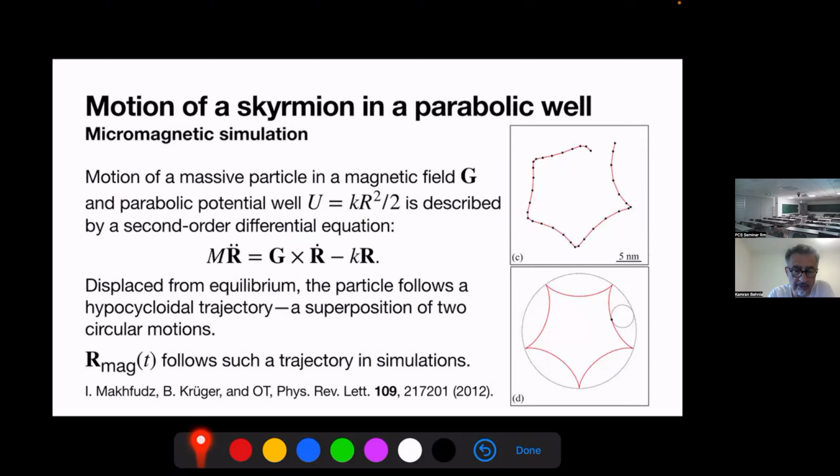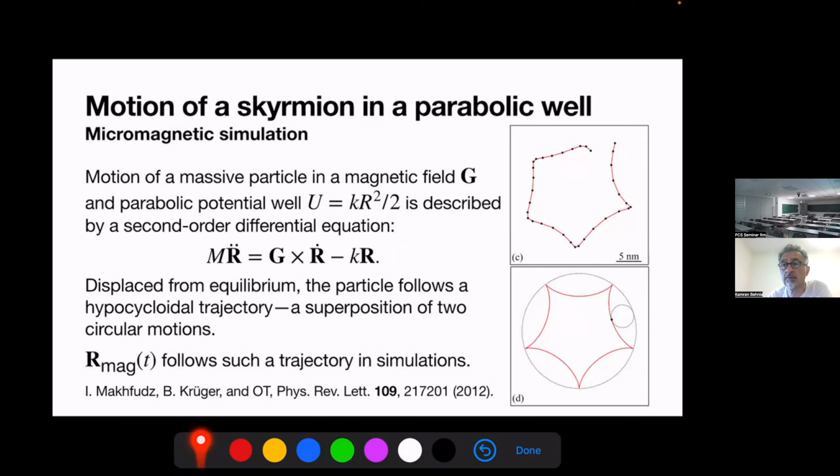If you follow the trajectory of the center of the bubble, it has this interesting shape that seems to bounce off some invisible obstacle. And in fact, this trajectory is a superposition of two circular motions, as illustrated in the lower figure. It comes about because your equation of motion for a massive particle is second order in time derivatives.